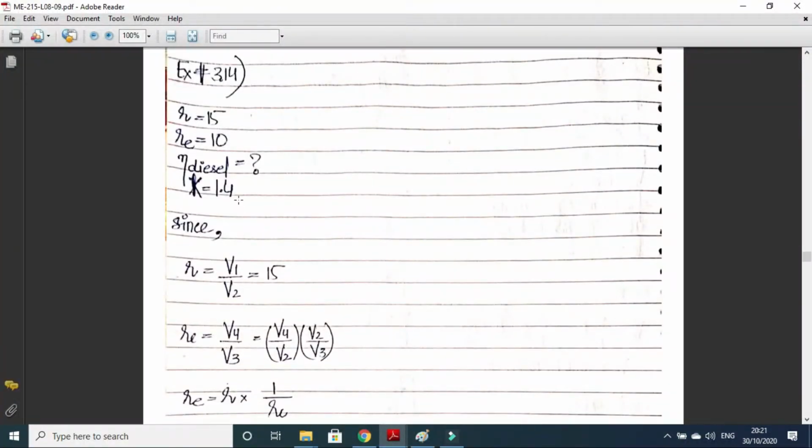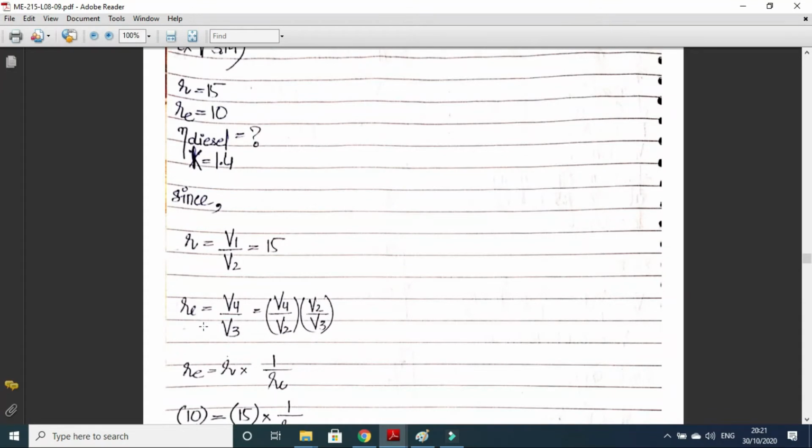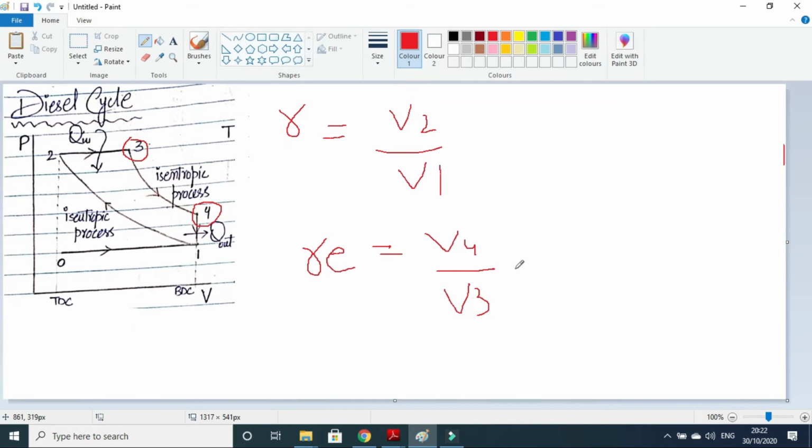So compression ratio is 15 given, and expansion ratio is V4 upon V3. We can write V4 upon V3 as V4 upon V2 times V2 upon V3. We have multiplied and divided with V2. So V4 is V1, and V1 upon V2 is actually R. V3 upon V2 is the cutoff ratio, so we take its inverse.